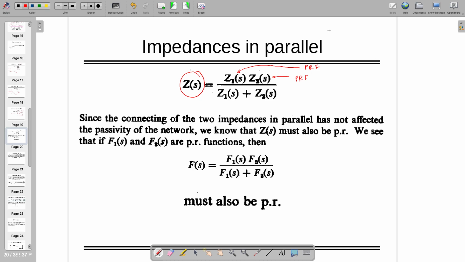Or you can say that if they are in series, that is also a positive real function, right? And the same thing is true for admittance. So if it is a combination of both, still if all the individual elements are positive real functions, then all these things in total will be a positive real function. And if they are positive real functions, then you should follow our theory and draw the circuit. So this is what this whole paragraph is saying.